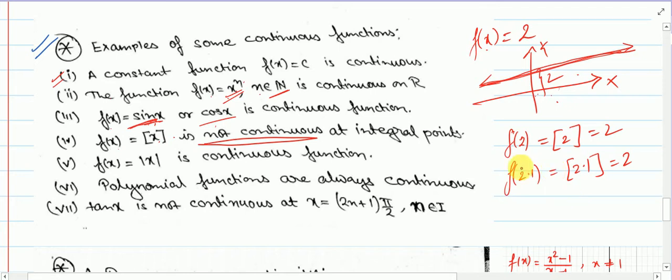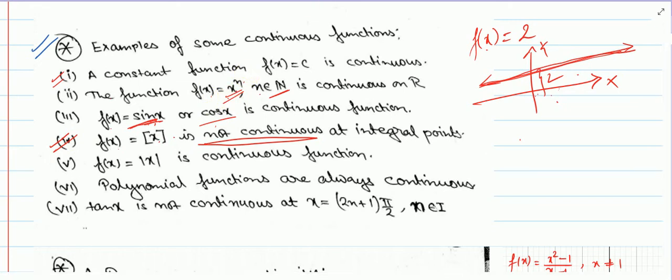So you'll see that this is not continuous. At integral points this is not continuous. And this fifth one, f(x) equal to mod x, is always continuous.